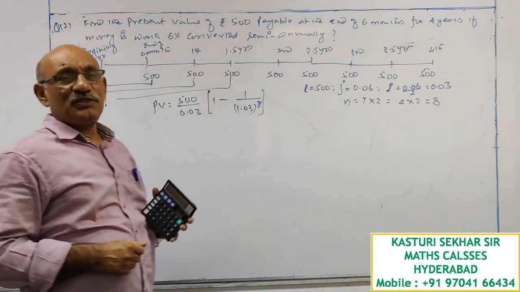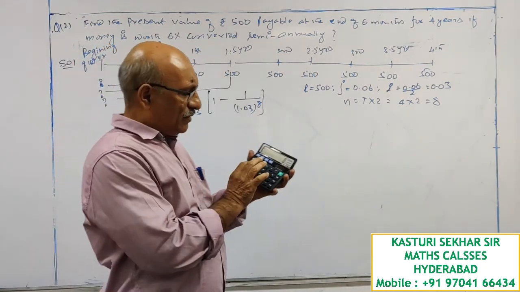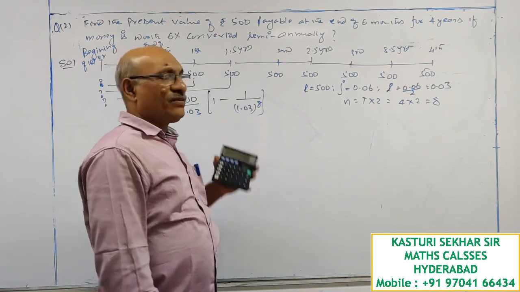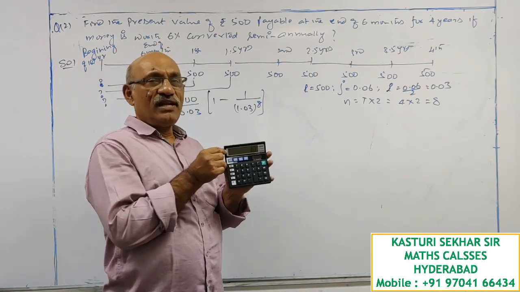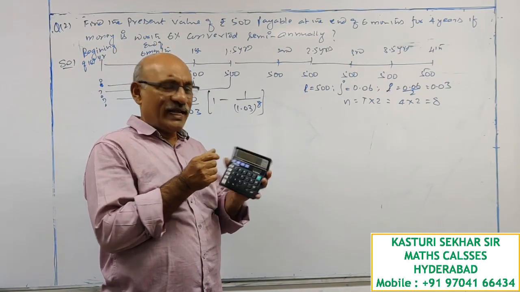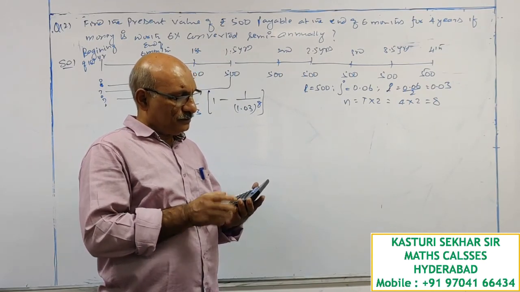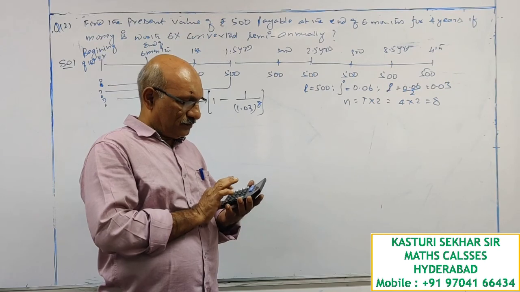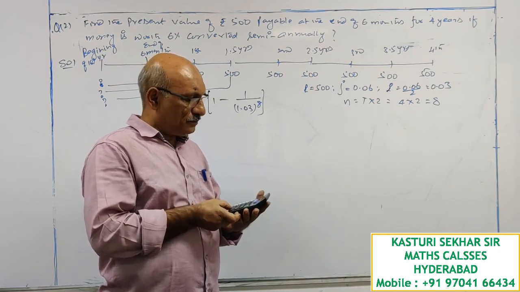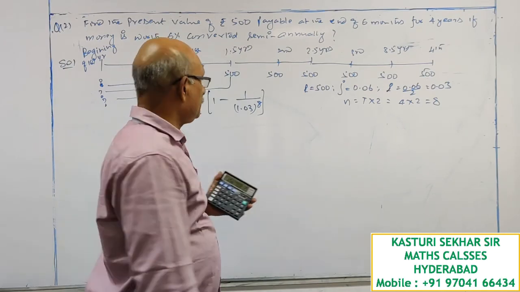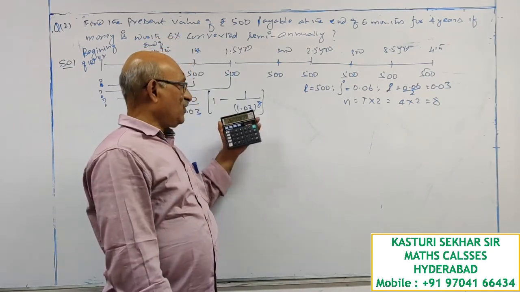One more time, let me explain the concept on calculator. 1.03 into, then press the equal sign till the left hand side corner number becomes 9. So this is simplified.